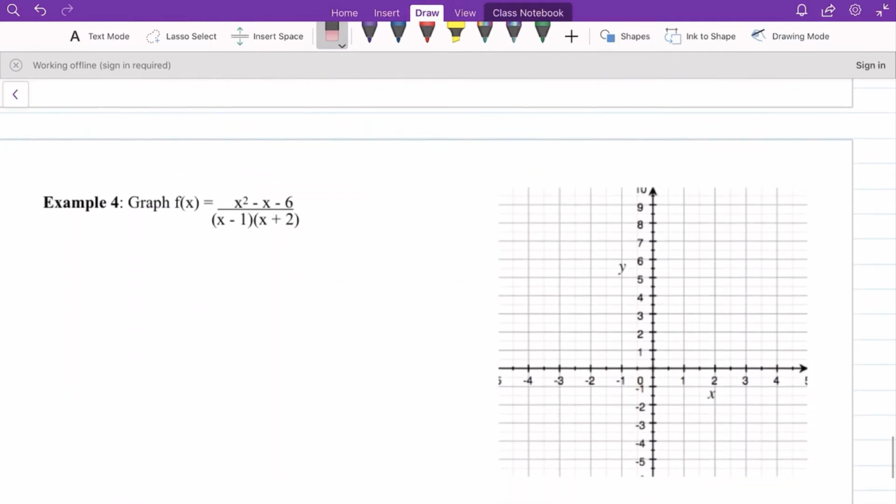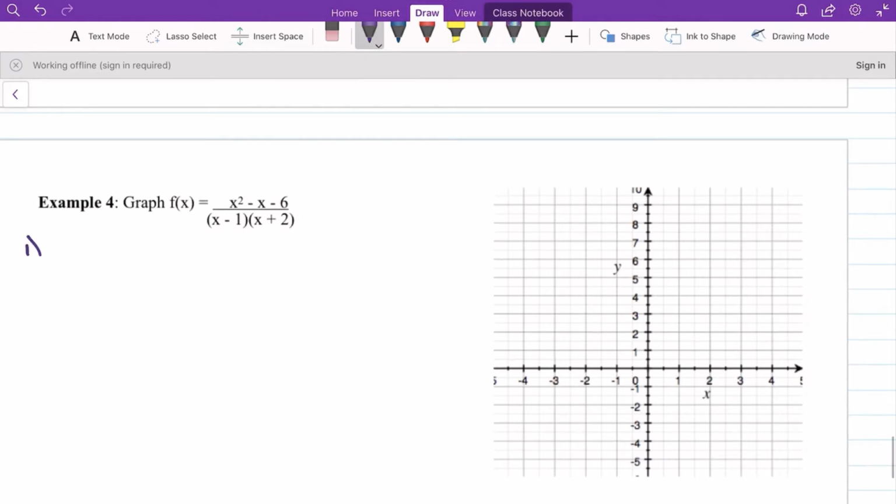All right, so what I'm going to do is write it out for step 1. So we're going to determine, is it going to be a horizontal or a slant asymptote? And if you remember from the last video, what you're doing is you're looking for the degree of the denominator and the degree of the numerator, and you're comparing them. So the degree of the numerator is 2, all right?